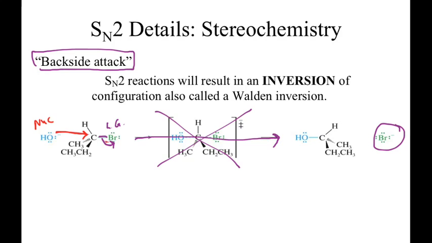So if the nucleophile came in anywhere close to our leaving group, say our OH minus attempted to come in from this side, it would butt into that bromine or the bromide leaving group, and it would bounce right back out. No substitution would occur. So our nucleophile must always come in from the back side of that bond.